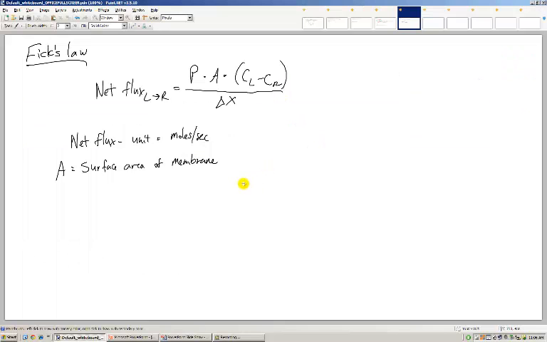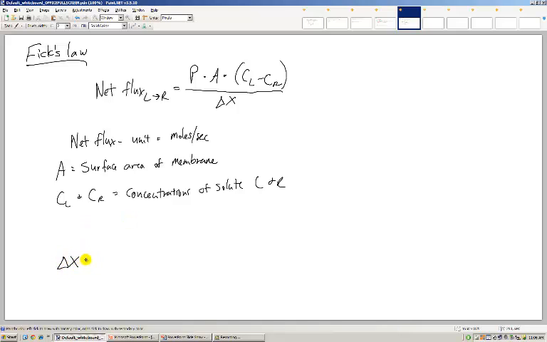So area of membrane is important for determining flux. CL and CR are the concentration of a solute on the left and right side. So concentration difference is a major factor in net flux, of course.